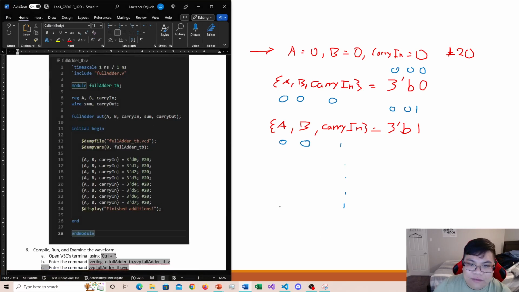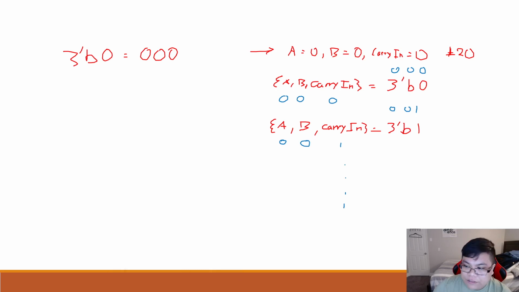reached 7, okay? What does 7 represent? So, let me draw it here. A, comma B, comma carry in is equal to the 3-bit binary number that's equal to the decimal value of 7.